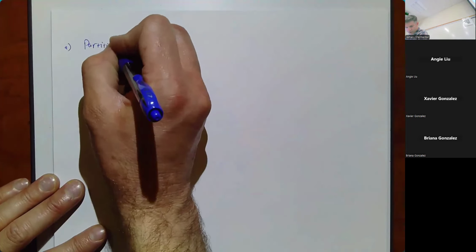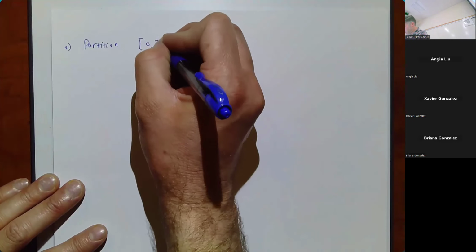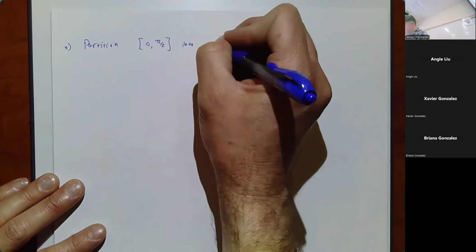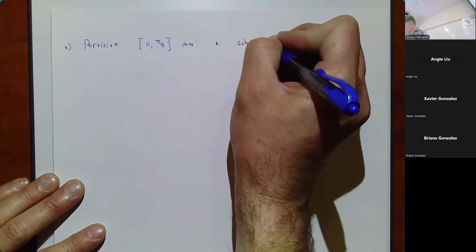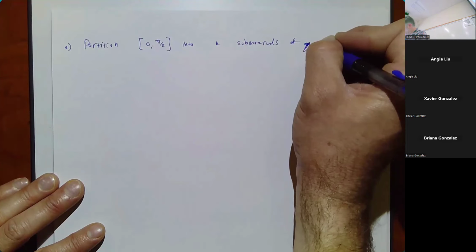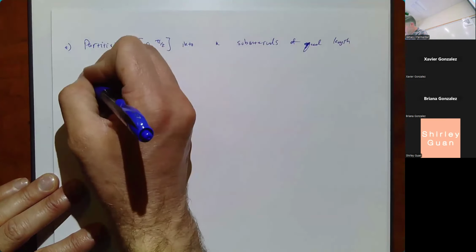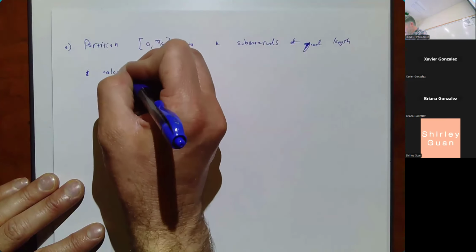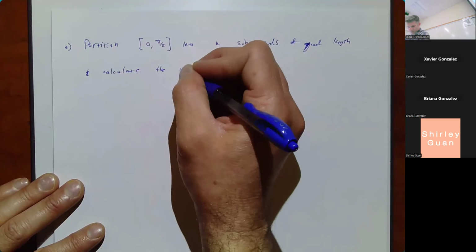I'm saying the truth. All right, so this Fanjang problem seems kind of funky, but here's what we're given. I'm not going to write out the formula yet, but here's what we're asked to do in this problem. We're asked to partition, part A, partition 0 to pi over 2 into n subintervals of equal length and calculate the upper sum u.